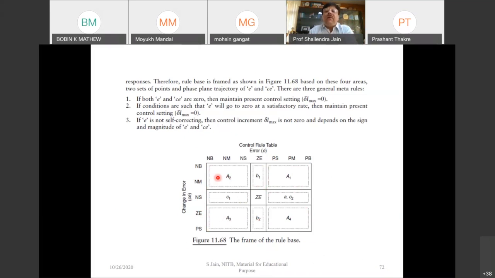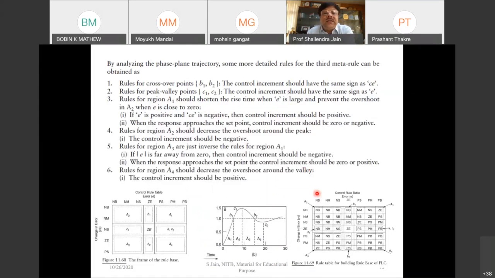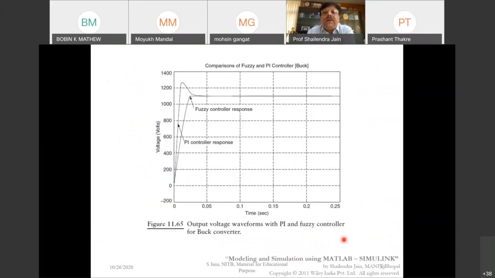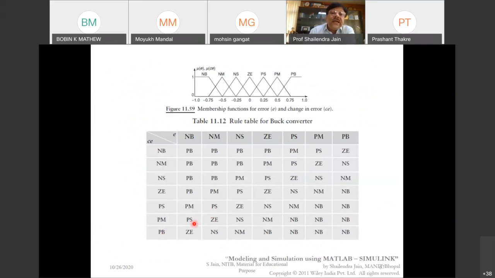So that is how, if your error and change in error are in this particular area, you can see there is a pattern involved, 0, 0, 0 on this particular diagonal. You can see here, this is the 0 axis, then we'll have the negative small, negative medium, negative big, and so on.